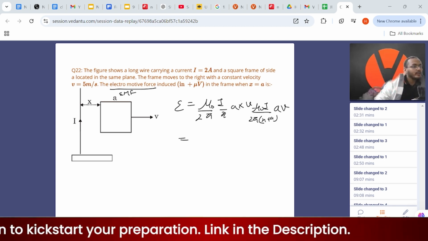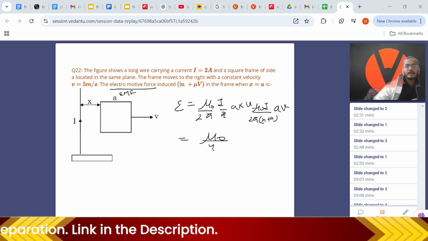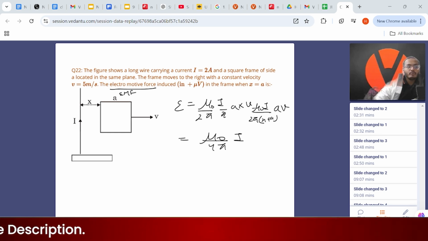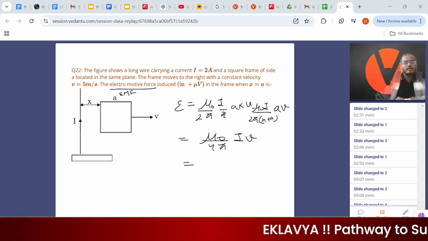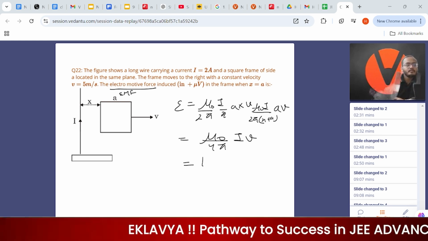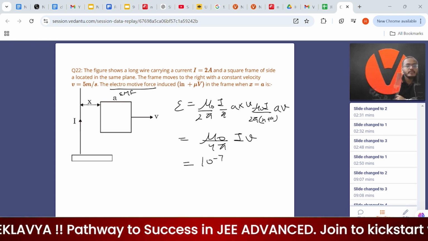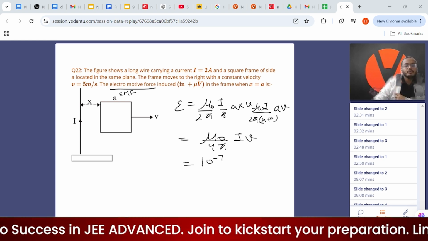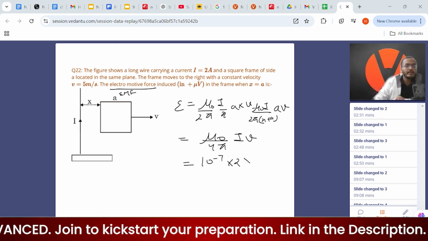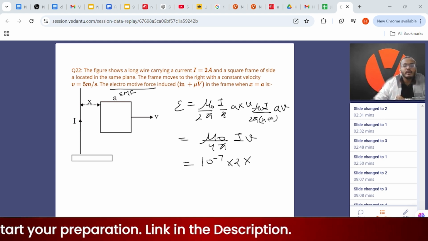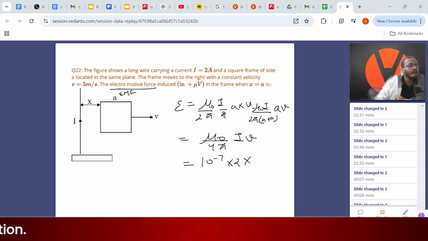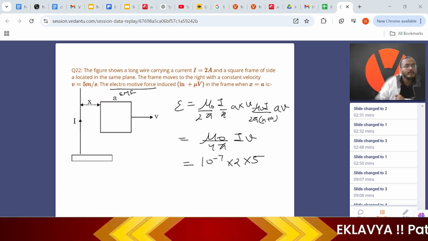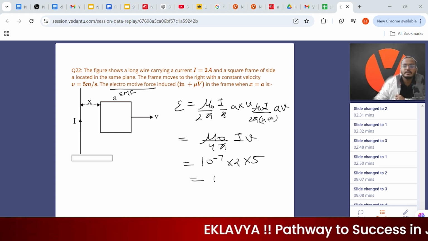Now when you calculate it, it will become mu naught by 4 pi into current into velocity. It will be equal to 10 raised to the power minus 7, because mu naught upon 4 pi is equal to 10 raised to the power minus 7. Current given is 2 ampere and the velocity is 5 meters per second.